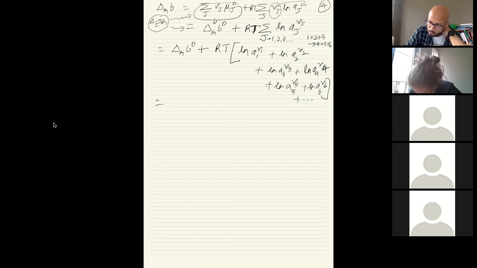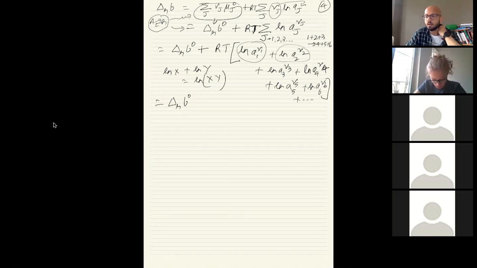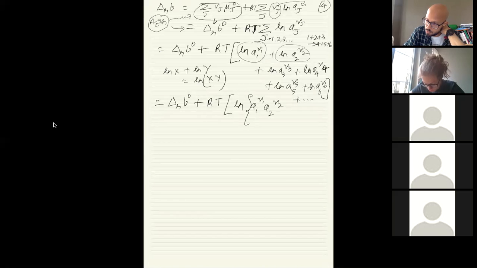Now we can do yet another trick with the ln and realize that ln of x plus ln of y, this log plus this log, is equal to the log of the product. Sum of logs is equal to log of products. That's the most amazing thing about logarithms. So this is RT ln of A1 to the nu1 multiplied by A2 to the nu2 multiplied by A3 to the nu3, and so on.